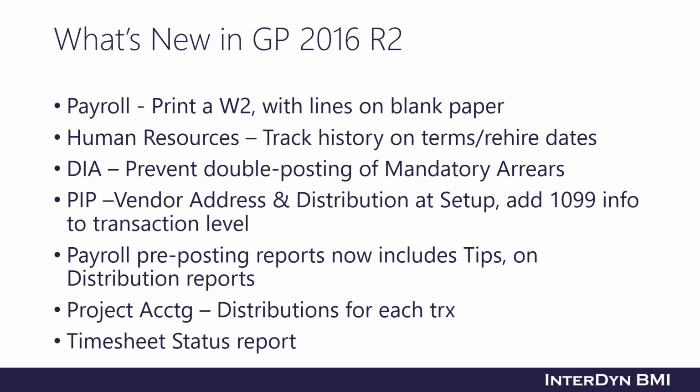And another one that I think is absolutely phenomenal is we now in 2016 R2 will have the ability to print a W-2 with lines on blank paper, so much like we can the 1095, where it actually images the form on a piece of white paper.